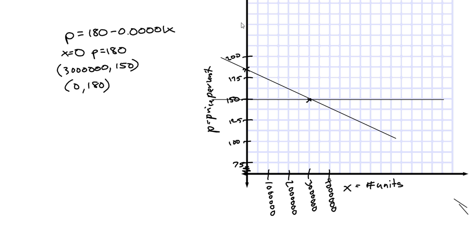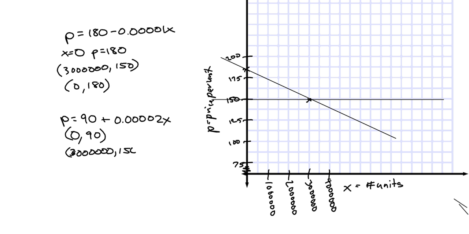For that one, I have that P equals 90 plus 0.00002x. And if I put in 0, I get 90 for a point. I also know that goes through the 3 million, 150. So that's an easy point to find.